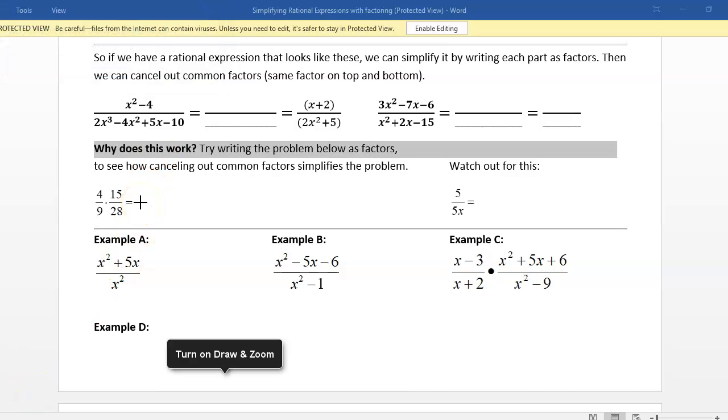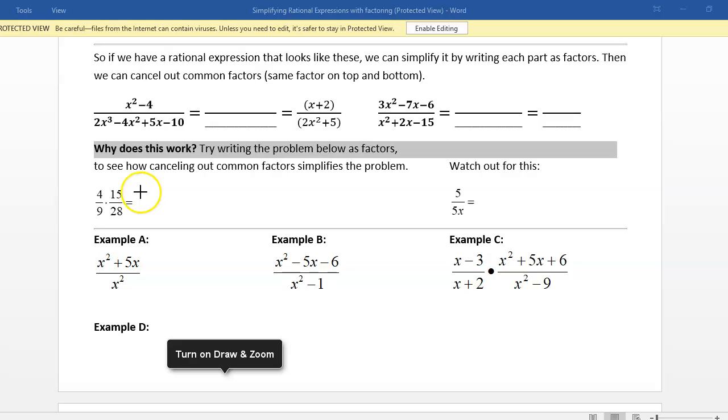Okay, let's take a second and talk about why this works, all right? What I want you to do is use your methods of multiplying fractions and go ahead and multiply this fraction out. Now remember, when we multiply fractions, we multiply across, numerator times numerator, denominator times denominator.